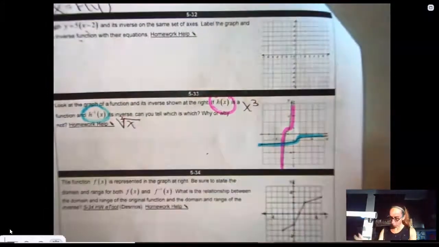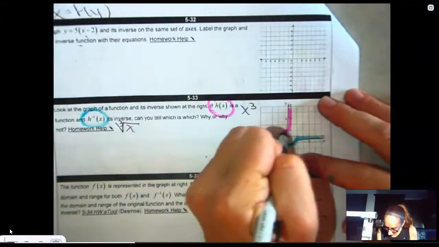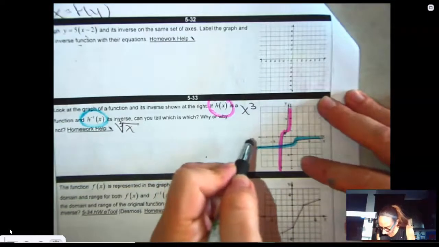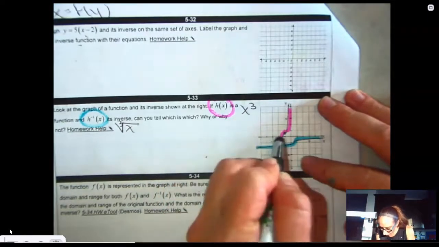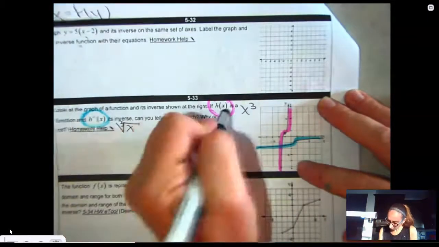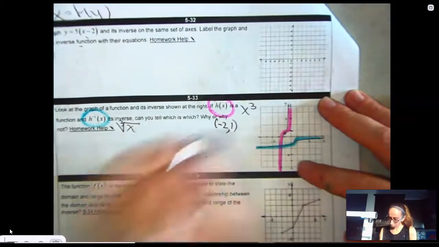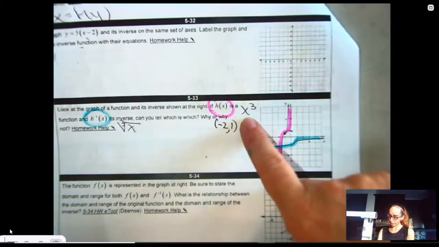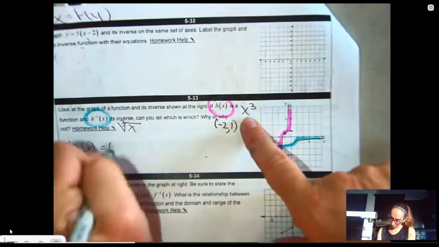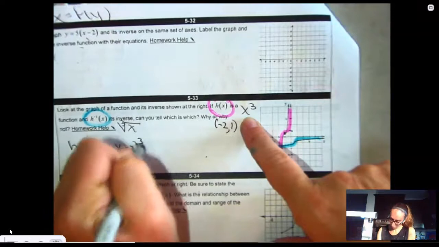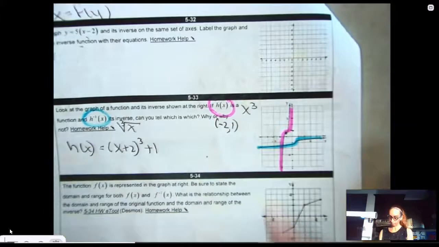So I know everything's always based on the vertex, so it looks like the vertex is negative 2, 1. So that means h of x should be x plus 2 cubed plus 1.